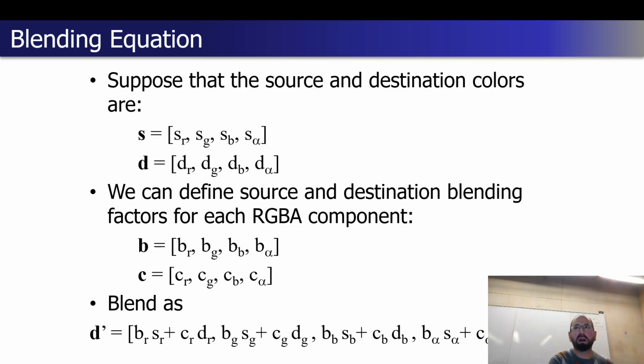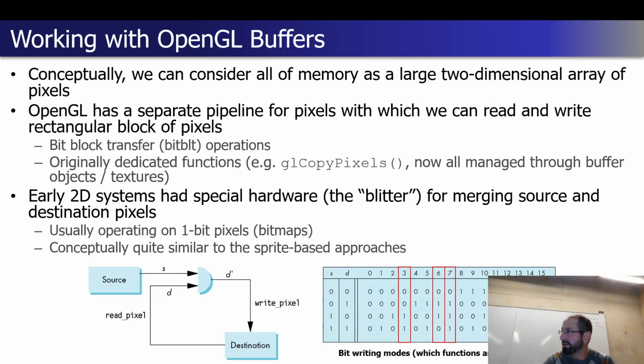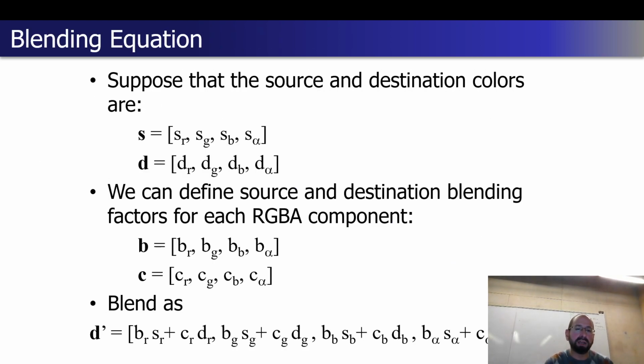I think it could be a little hard, although in the basic case we can see, if B, that vector, was set to all 1 and C was set to all 0, then we'd be in that overwrite mode. We'd be in the effective equivalent of mode 3, where we just take the source and overwrite the destination. Likewise, one can imagine a scenario in which B and C always add up to 1.0.